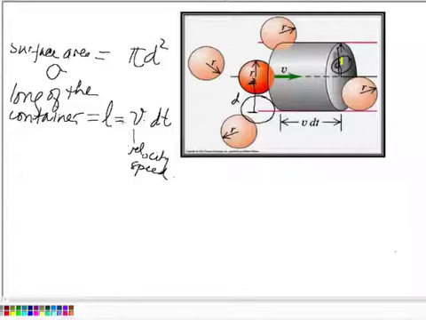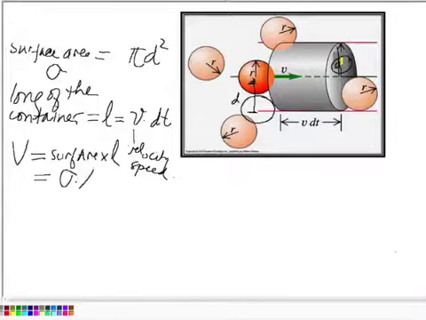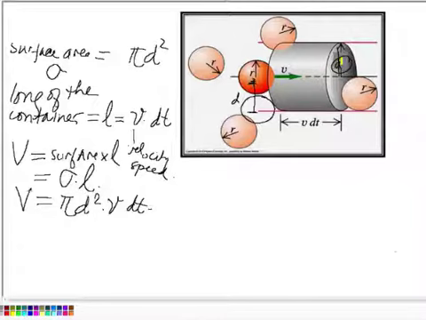So now the volume of the container is equal to surface area times the length, which can be written as pi d squared times v dt.